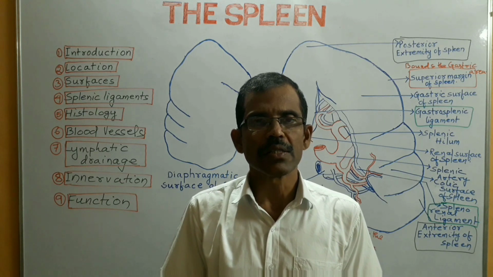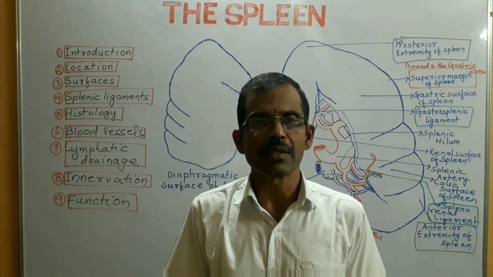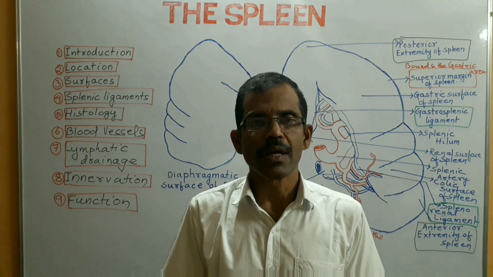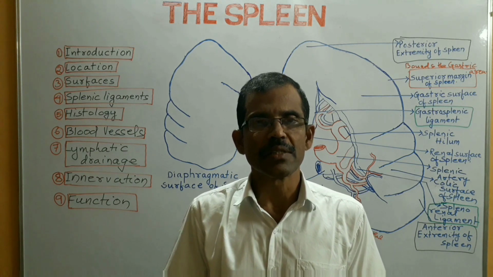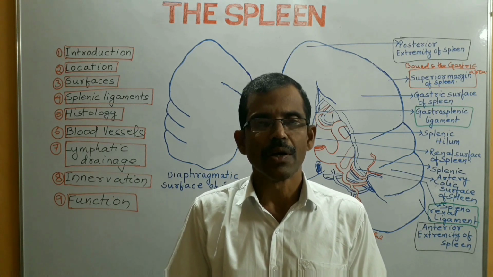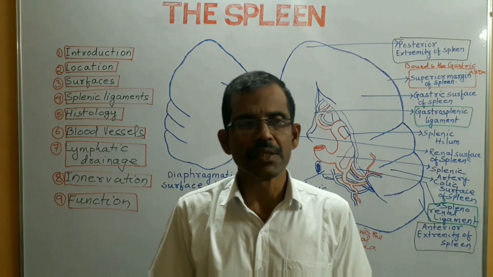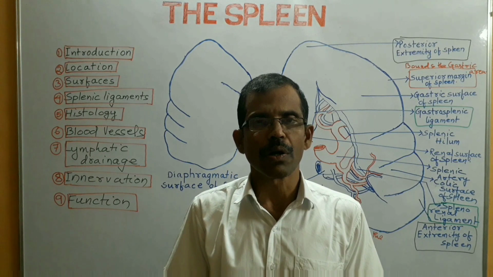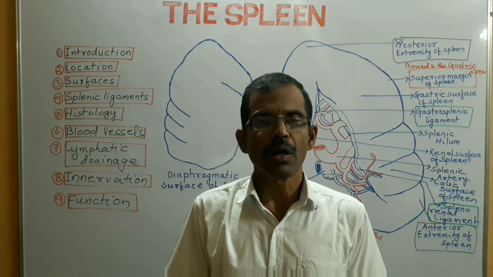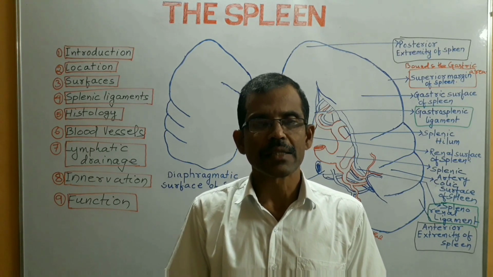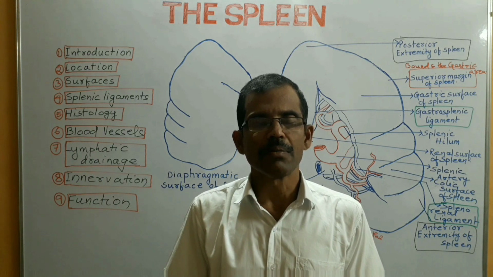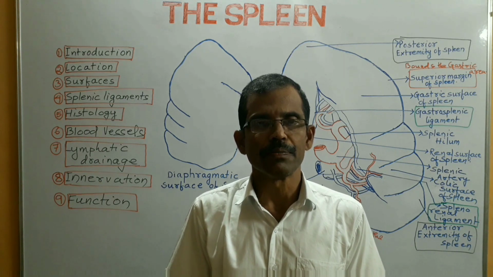This organ is covered by a fibroelastic capsule which allows the spleen to increase its size significantly whenever necessary. The spleen is an intraperitoneal organ. That means all of its surface except the hilum is covered by visceral peritoneum.